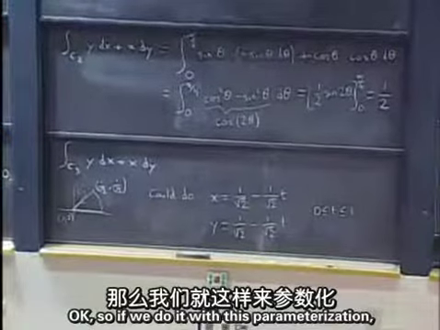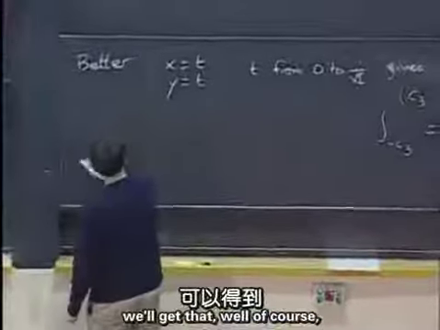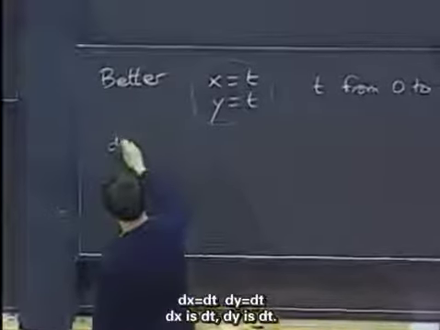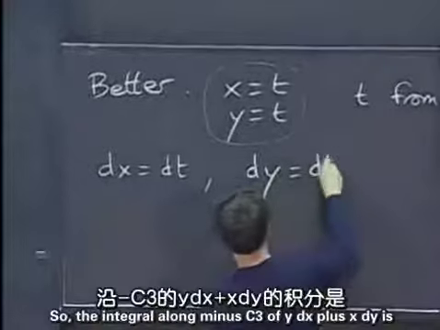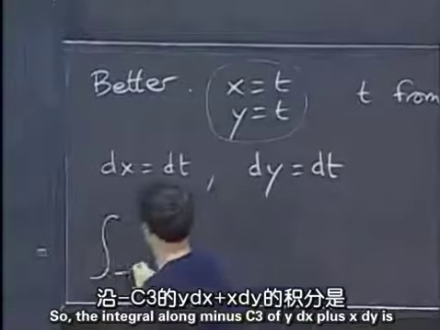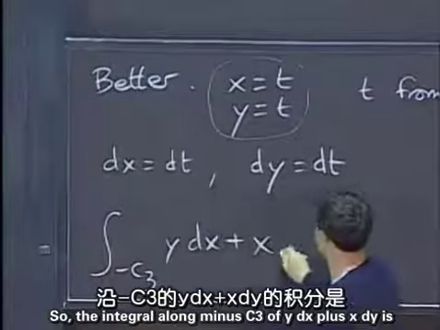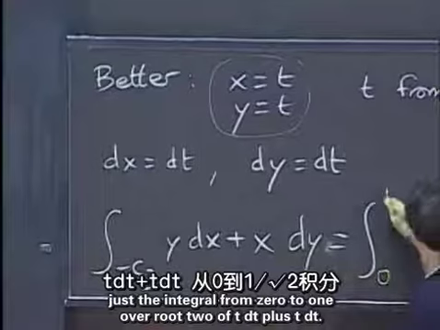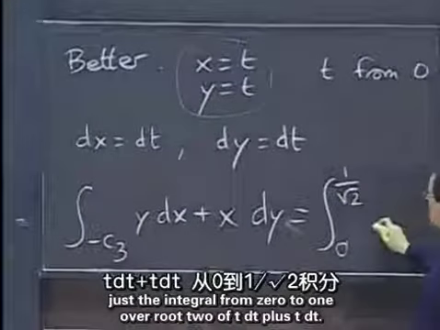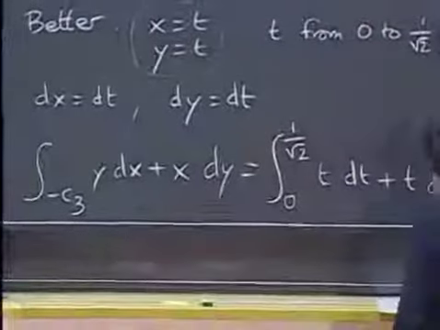If we do it with this parameterization, of course, dx is dt, dy is dt. So the integral along minus C3 of y dx plus x dy is just the integral from 0 to 1 over root 2 of t dt plus t dt.